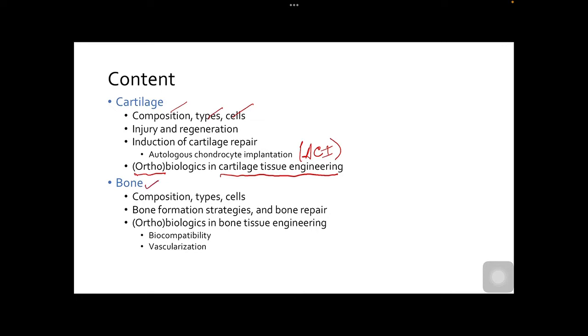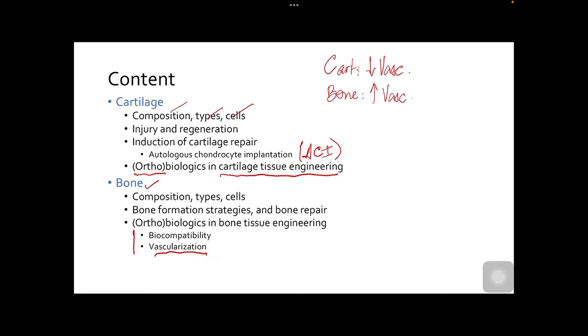The most important thing about bone is going to be the concepts of biocompatibility and especially vascularization, because one of the main differences between cartilage and bone is that cartilage is very low vascularized, so it has a very low amount of blood vessels. However, bone is quite highly vascularized.